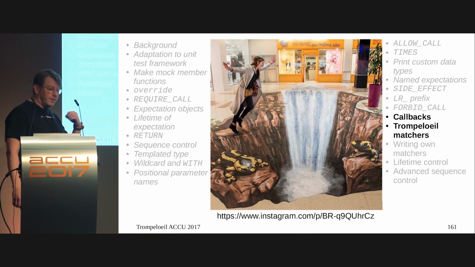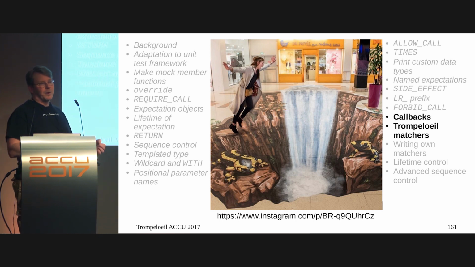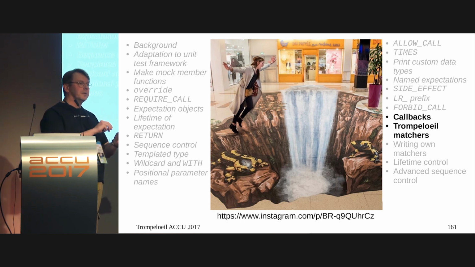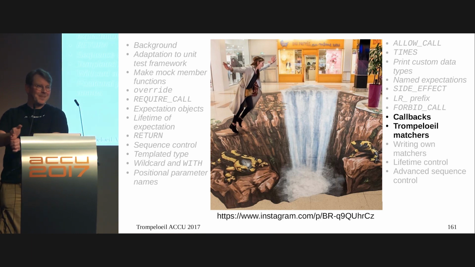I don't want to mock Google Mock, but I think they got that one wrong in their design because the lifetime of expectations is tied to the mock object itself. So it's not possible to say that I want to check this expectation here and this expectation there.